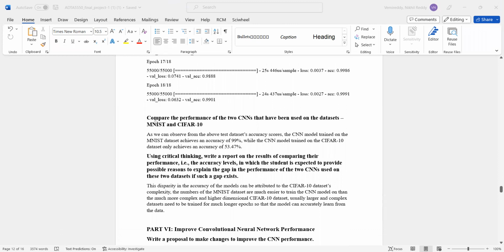Here we are asked to compare the performance of the two CNNs that have been used on the datasets MNIST and CIFAR-10.